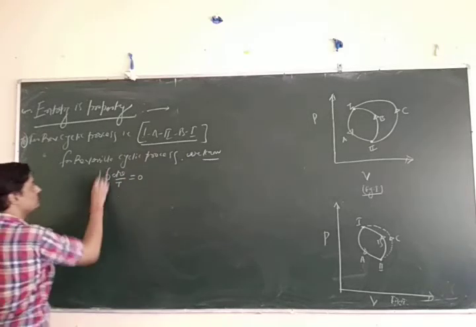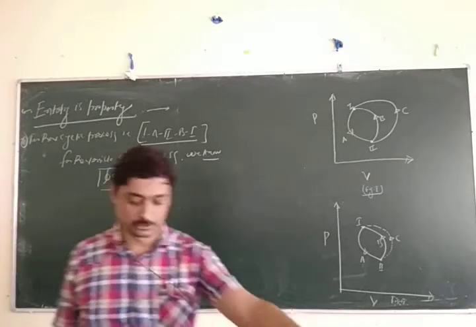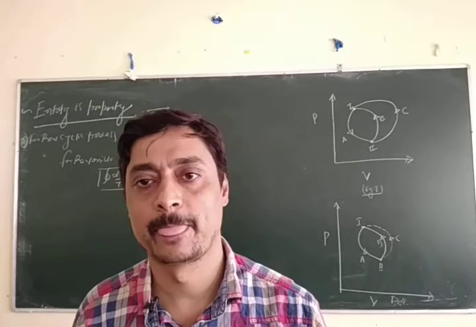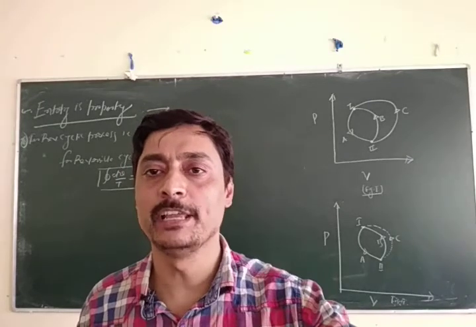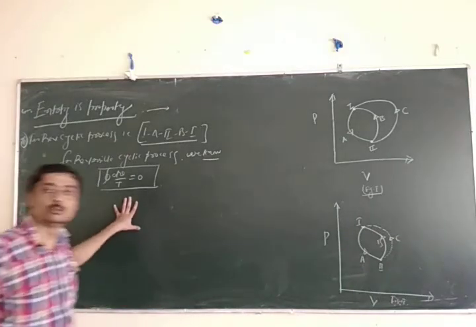This equation is only for reversible cyclic processes, because we studied it in the Clausius inequality. As per Clausius inequality, for a reversible cyclic process, the cyclic integral of dQ by T is equal to 0.